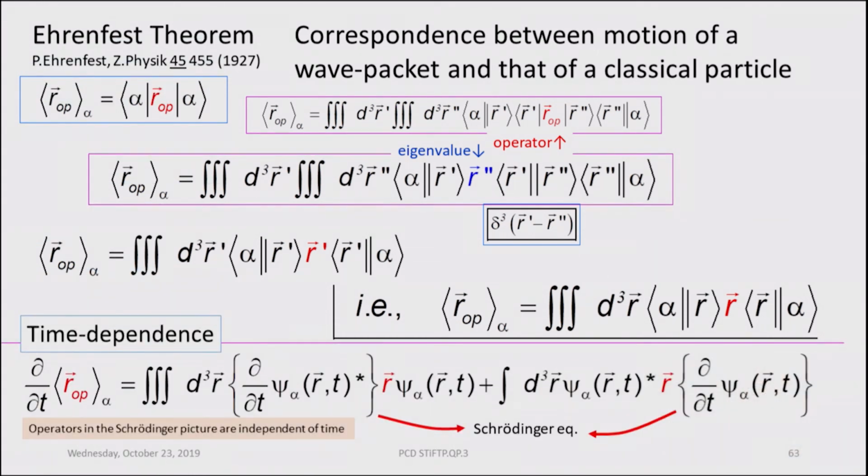Okay? So, now take its time derivative, and here you are taking the time derivative of three things. This is time dependent, this is also time dependent. The time dependence of this state vector, this is nothing but the wave function, right. This is the coordinate representation of the state alpha, which is the state function psi alpha r, right.